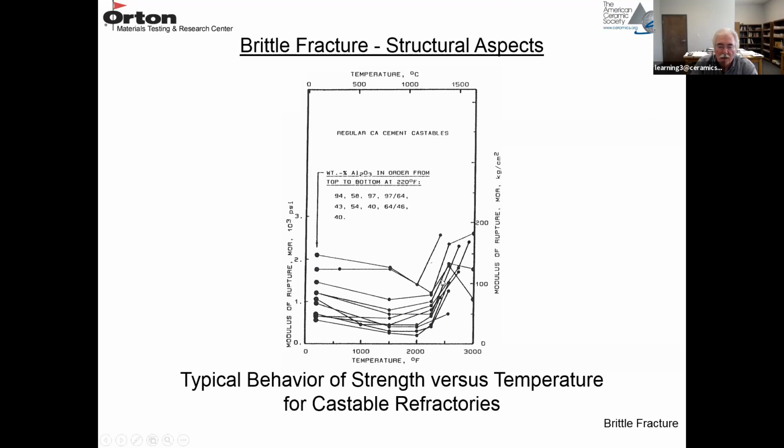And then at some point, you start sintering the material and densifying it, creating a ceramic bond so the strength goes back up. And then again, you'll reach a point, depending on the chemistry of the material, where it starts to deform near its use temperature.